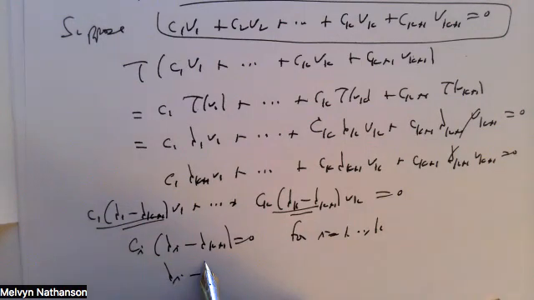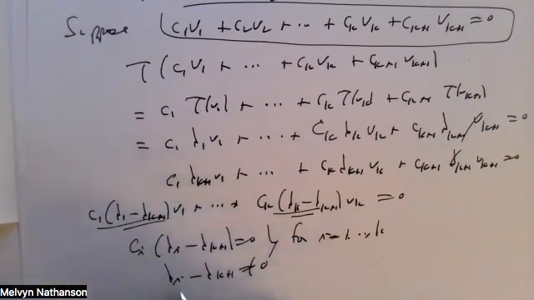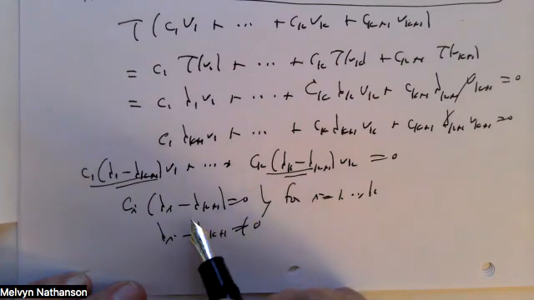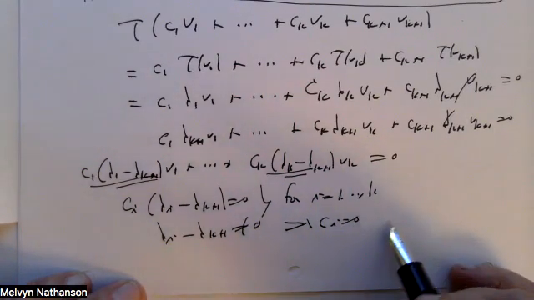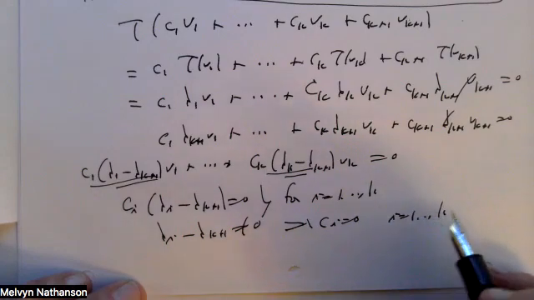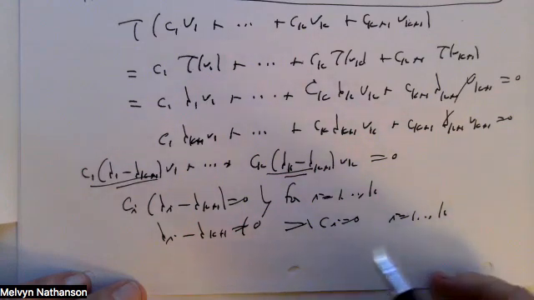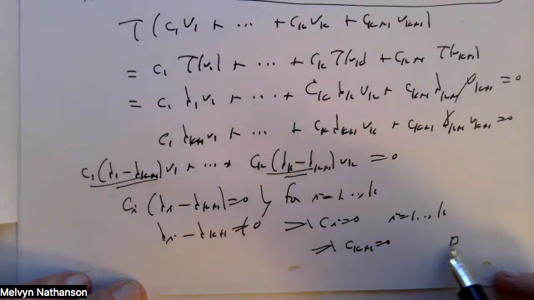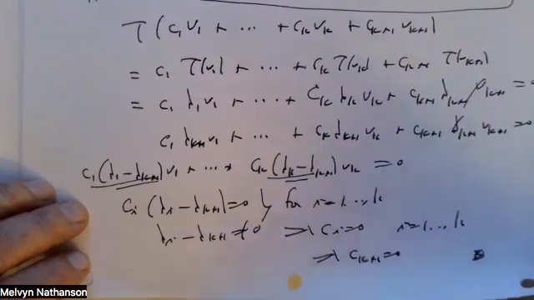But lambda i minus lambda k plus 1 is different from 0 for all these because the eigenvalues are distinct. So if this product is 0 and this is different from 0, ci equals 0 for i going from 1 up to k. And if all the ci's from c1 up to ck are 0, ck plus 1 is 0. So that's a proof of this result.